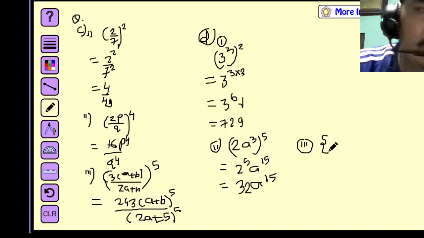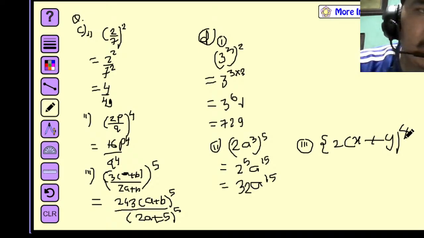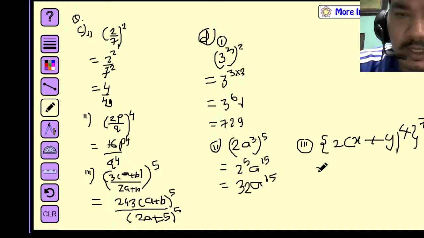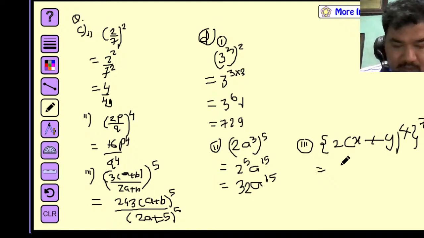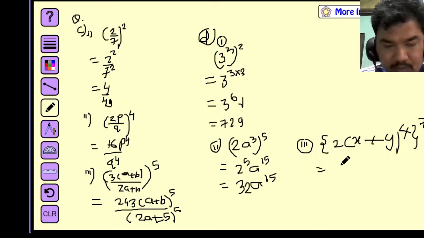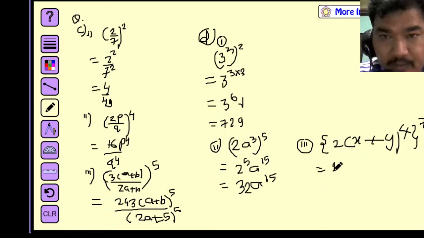Here is a curly bracket, and inside it 2 into x plus y to the power 4, then outside also there is power 7, which means that is the power of this 2 also. 2 power 7 means what? 2 multiplied by 2 multiplied by 2, 1 2 3 4 5 6 and one more multiplied by 2. 2 to the power 7 comes to 128.